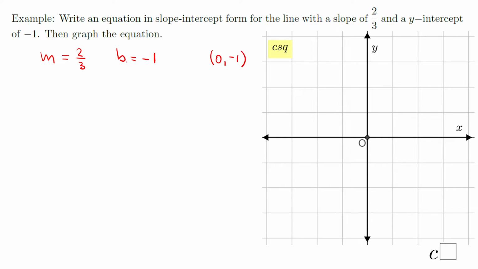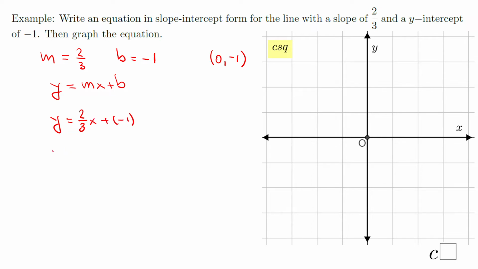I'm going to start with b equals -1. The slope-intercept form is y equals mx plus b, and I'm going to replace m with 2/3 and b with -1.